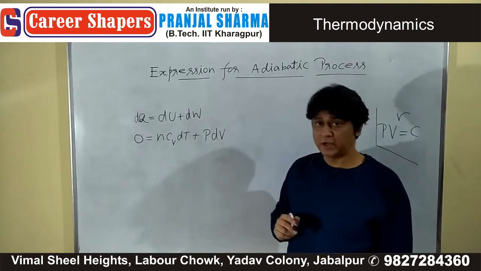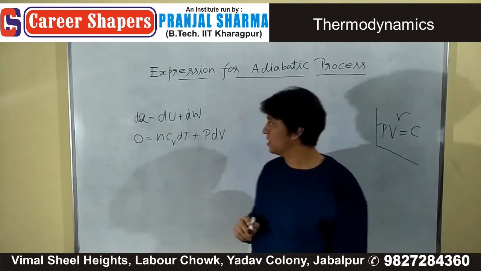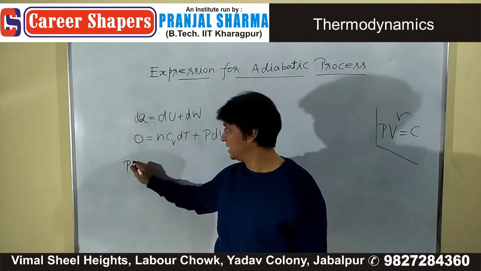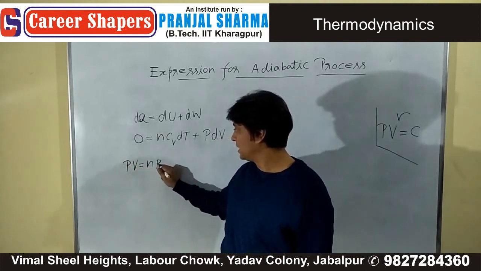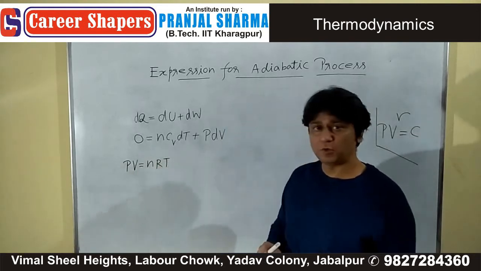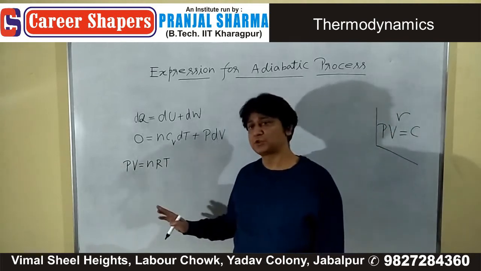Our aim is to find the relation between P and V. But you can see T is also present. Let's remove this T part. How do you remove it? We'll go for the ideal gas equation: PV equals nRT. Let's differentiate this. Remember, nothing is constant.